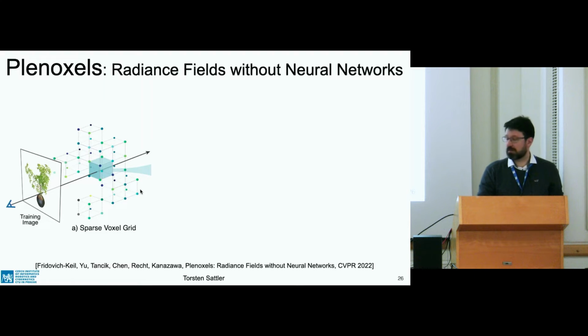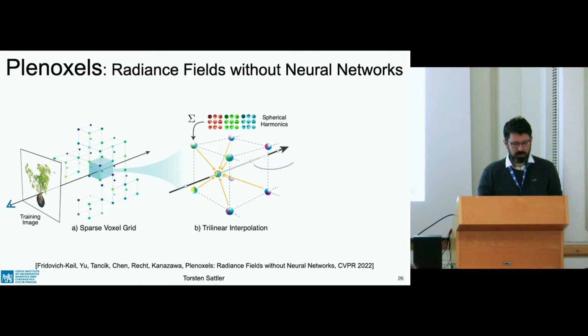So the idea is, rather than training a single neural network that represents a scene, you go back to a more explicit representation where you subdivide the scene into voxels. And at the corners of each voxel, you store essentially a volume density value and a spherical harmonics coefficient that you can combine into a color.